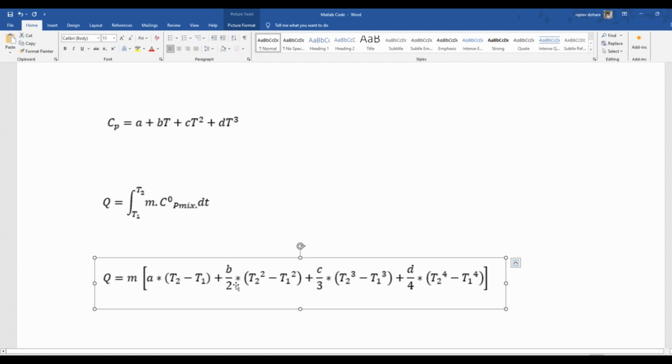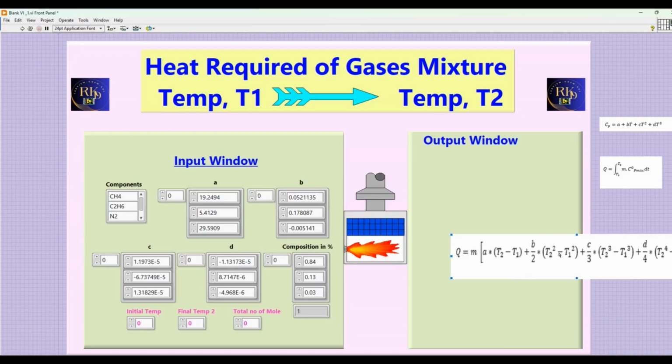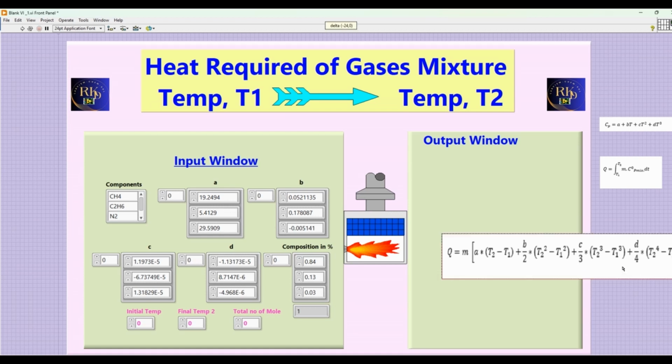So if we see the final expression, this is your term 1, this is your term 2, this is term 3, and the last is your term 4.